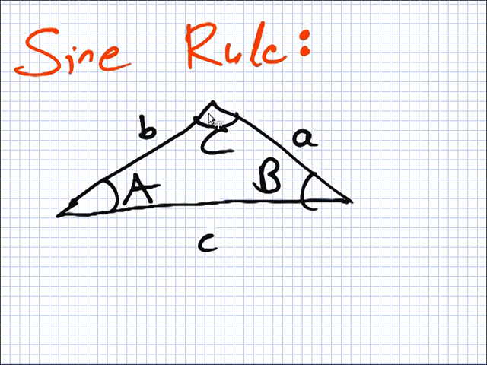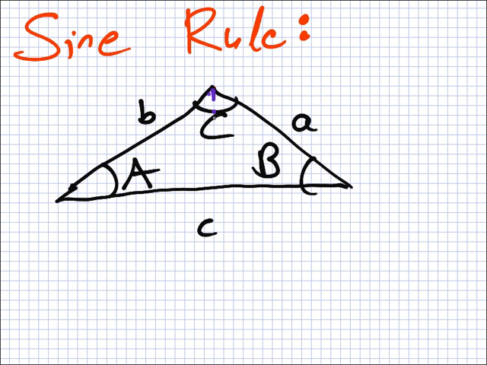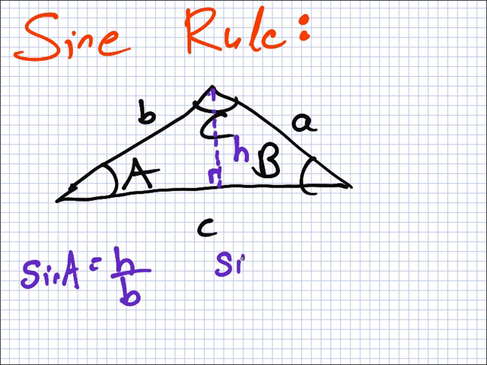Let's do the proof. So what we do first, we draw a dotted line here at 90 degrees and call that H. And we can say that sine A will equal H over B. And sine B will equal H over A.